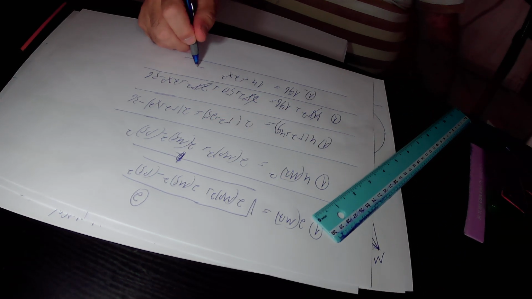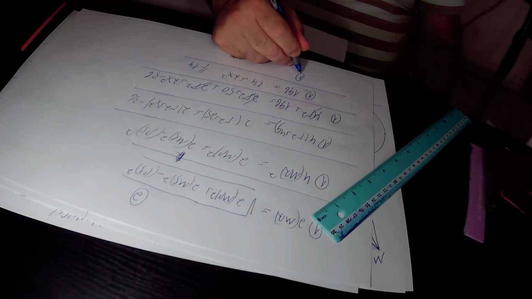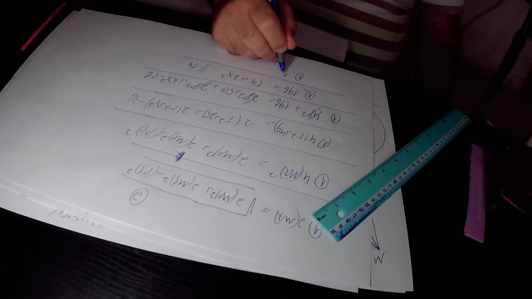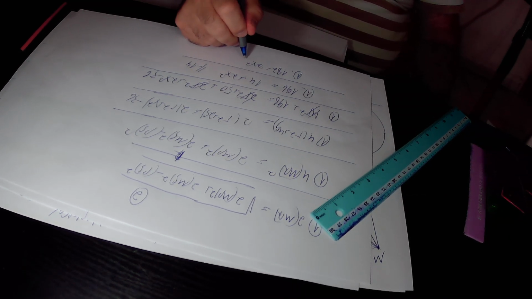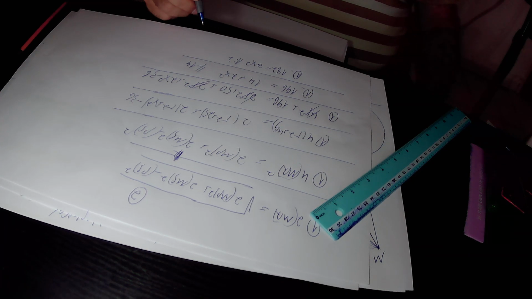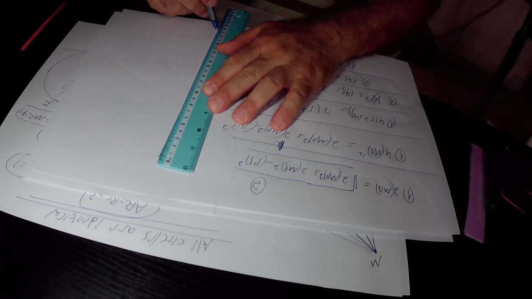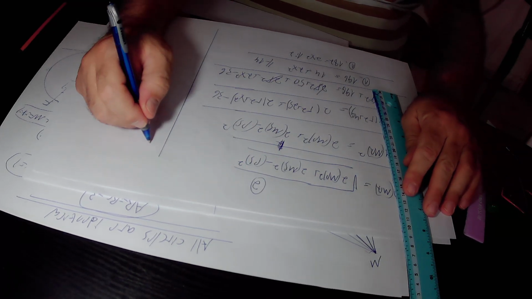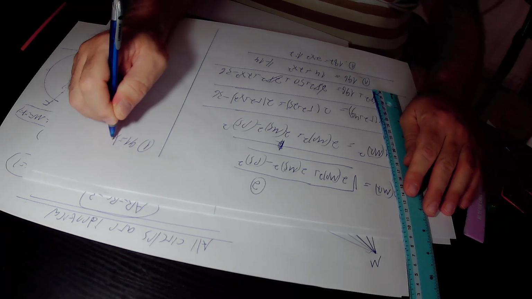Here we subtract 14 and finally get that 196 minus 14 is 182, so 182 equals 2x squared. Here we divide by 2, and finally we get that x squared equals 182 over 2 is 91, so 91 equals x squared.